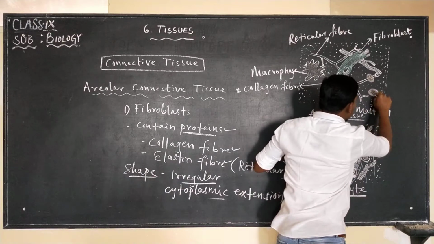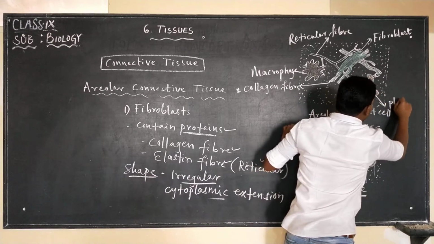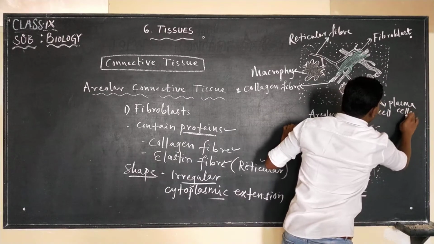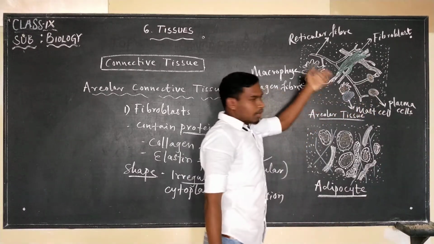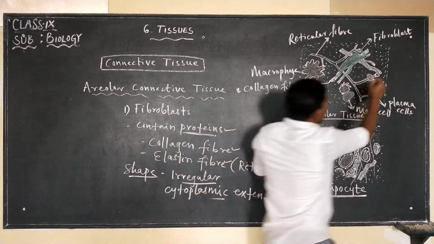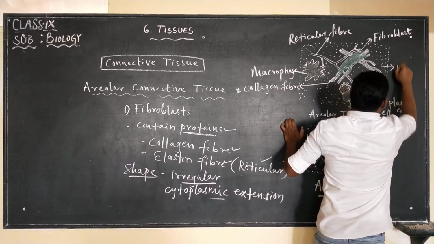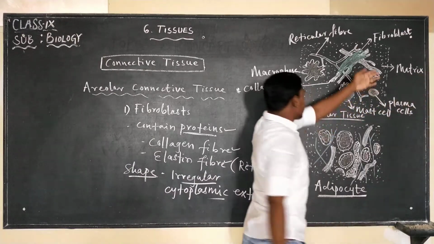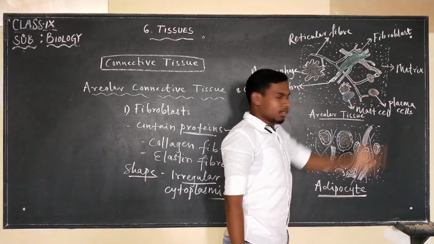And these will be the plasma cells. So we have labeled everything, and that fluid-filled part is the matrix.